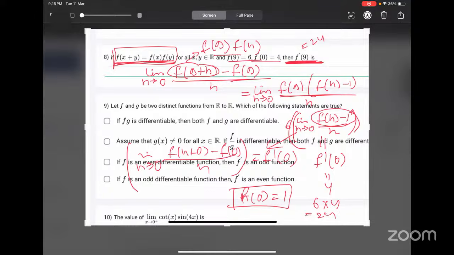How did you find f of 0 equal to 1? Because the numerator should be equal to 0 when we put the value in. So h is tending to 0. That means when we put h as 0, we should get the numerator as 0. That means f of 0 minus 1 should be 0, so f of 0 should be 1, right?